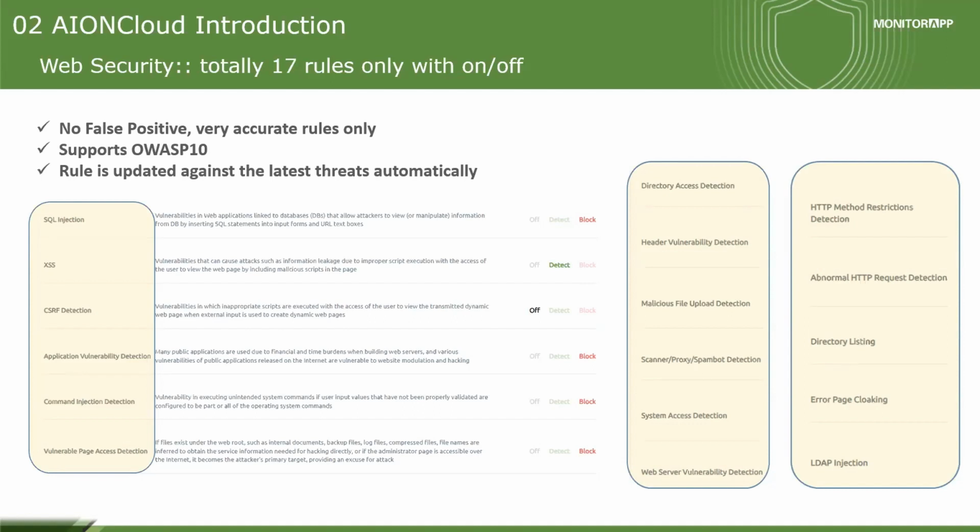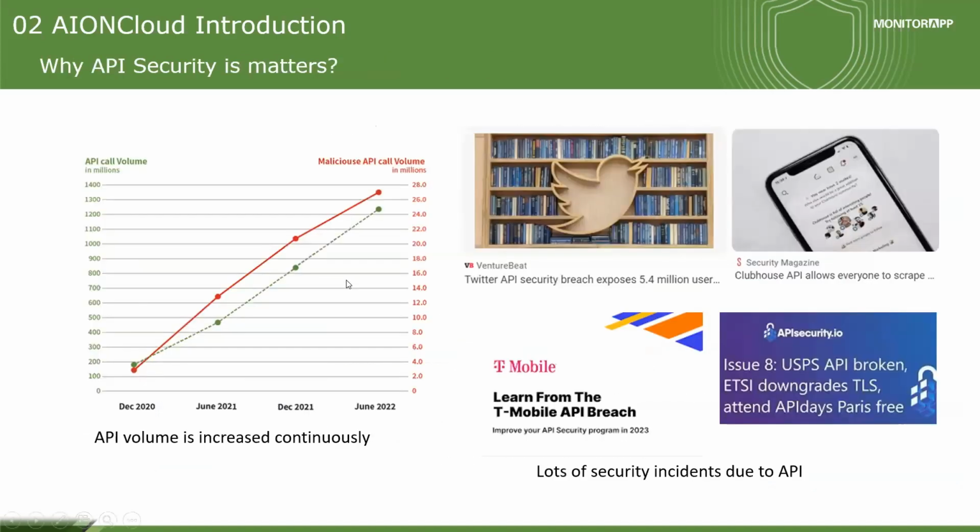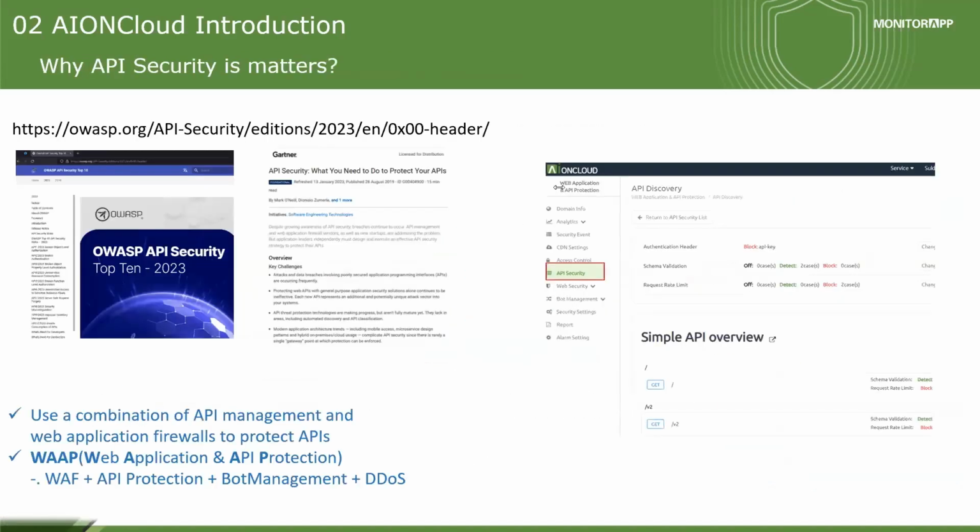At this time, we provide API discovery and rate limit, whether an authentication header exists or not, and schema validation.